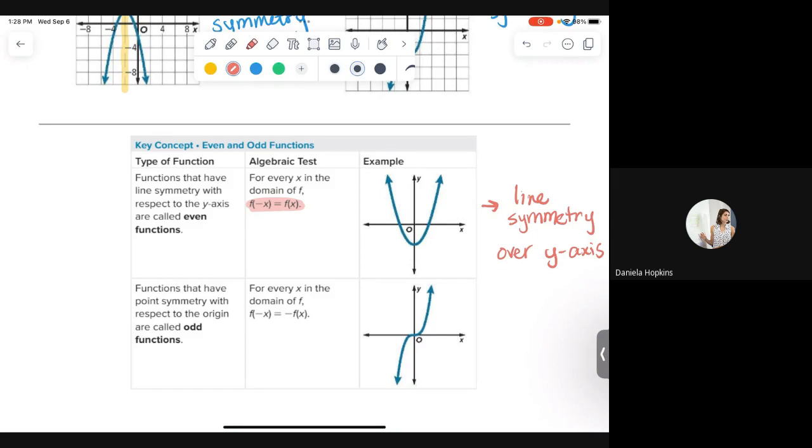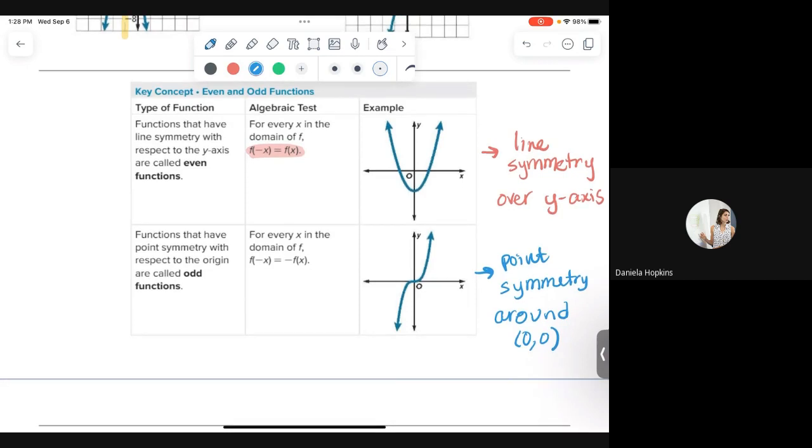So if we have even functions, we also have odd functions. The odd functions are where you're going to have point symmetry, but it has to be around the origin. So point symmetry around (0, 0).